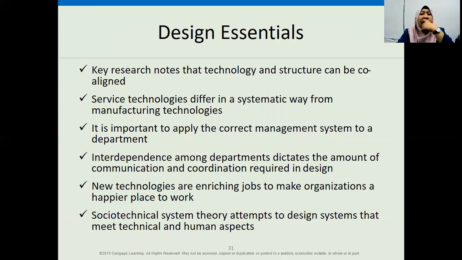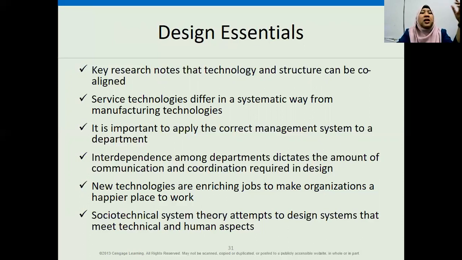Even though they are in the same industry, we can see how the leader is able to apply the correct management system to the department, because different departments differ in their nature of work. Work nature is totally different, so the correct management system has to be applied in a very good way to make sure the job is done smoothly.